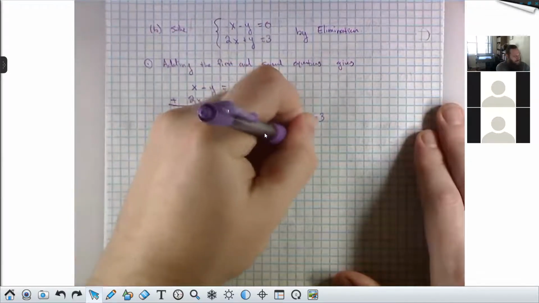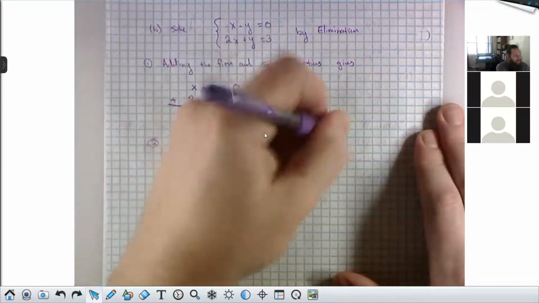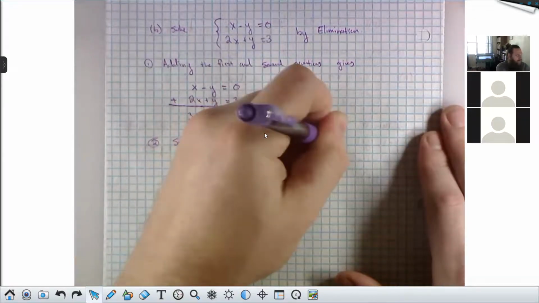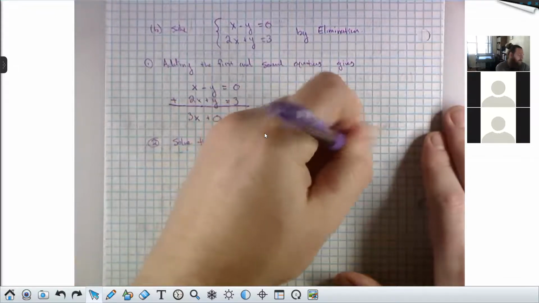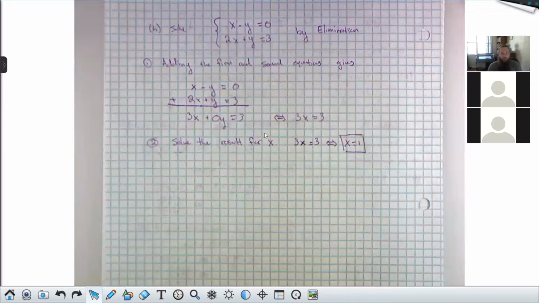So 3x equals 3. We divide both sides by 3, we just get x equals 1. And right away, we get this guy. See how much faster this is?